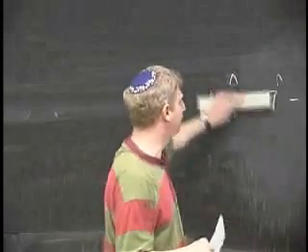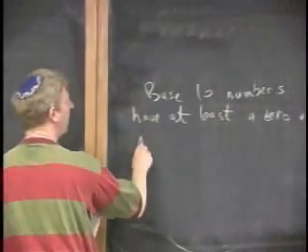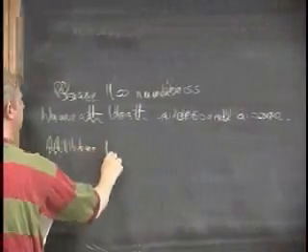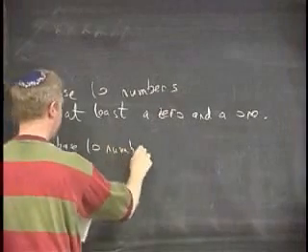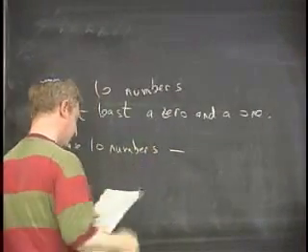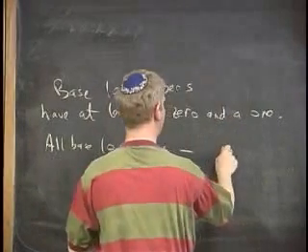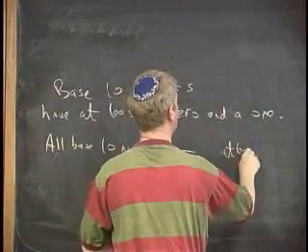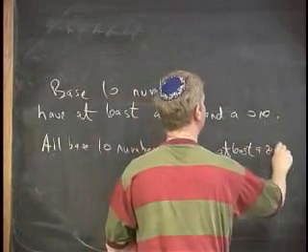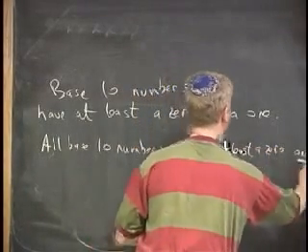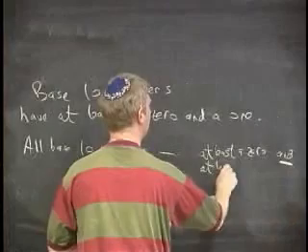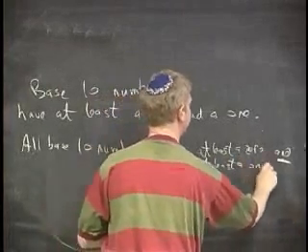So let me present this now from scratch as an inclusion-exclusion problem. We're going to solve this by doing all base 10 numbers minus the ones that have at least a 0 and at least a 1.